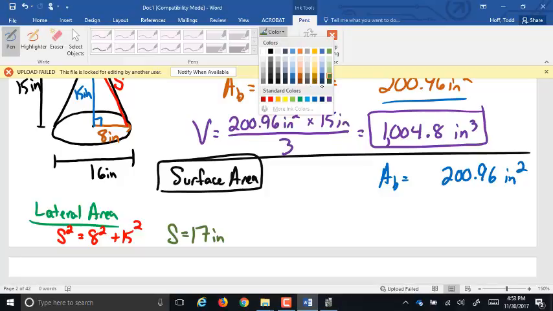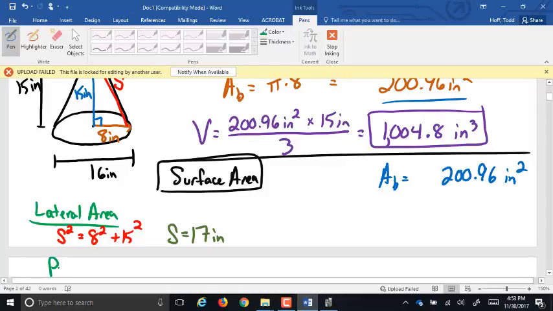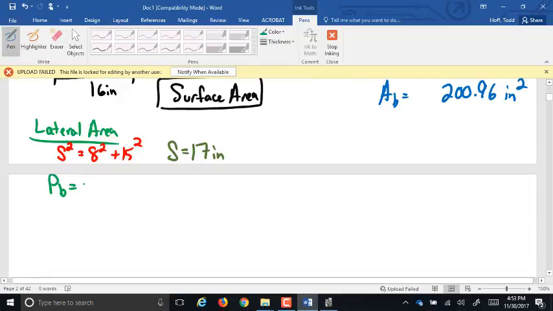We also need to know the perimeter of the base. Since the base is a circle, the perimeter of the base is a circumference. Circumference is pi times that diameter of 16, which is 50.24 inches.